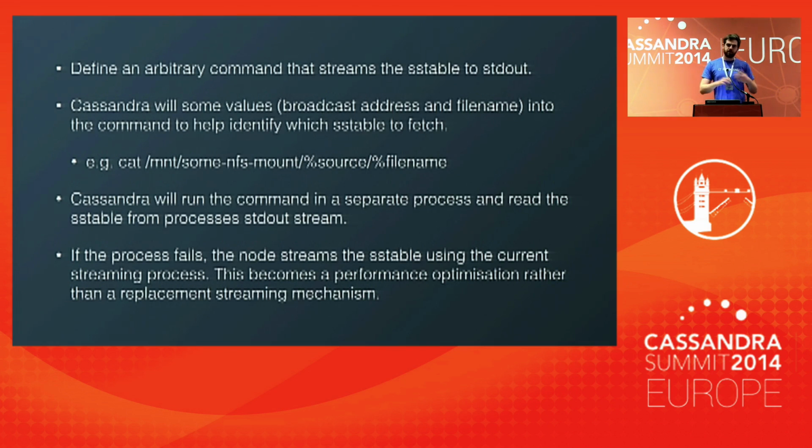While yes, we run everything on Amazon, and so we back up to S3, you can just define an arbitrary command that expects to grab a file and ship it to standard out. You can do it in your own data center. If you've got a SAN where you currently back things up to, you can stream it from that just using cat or something.